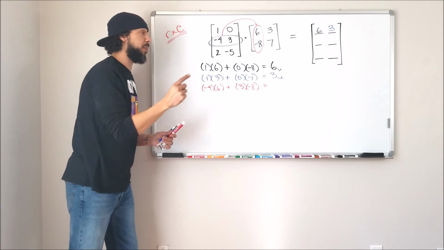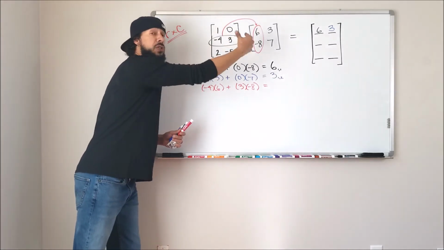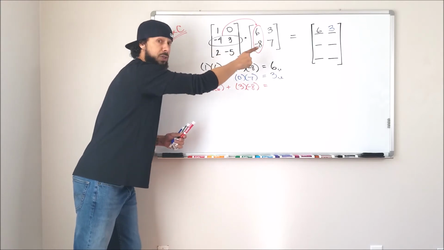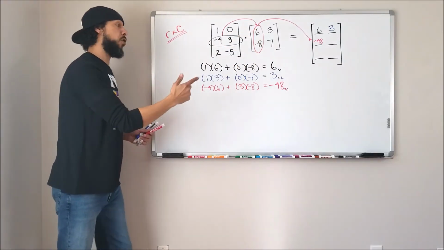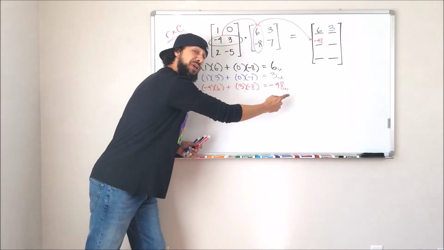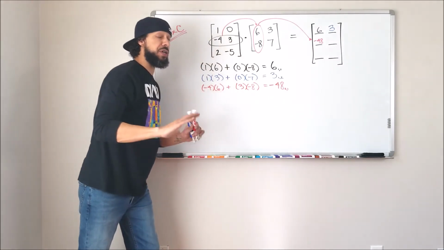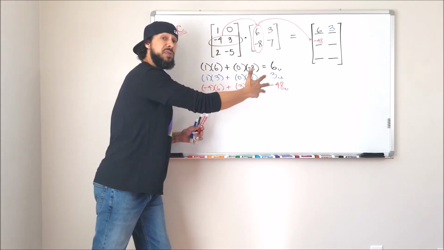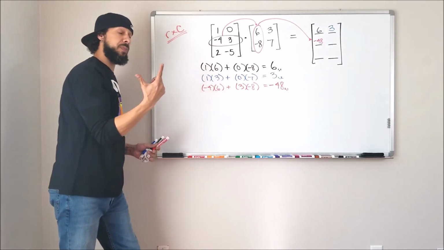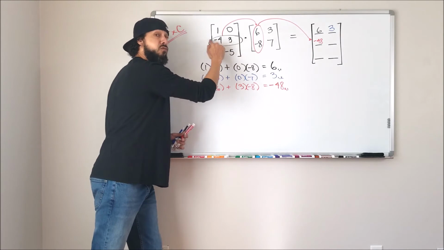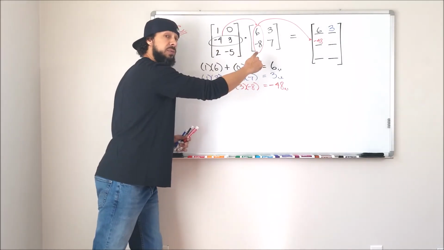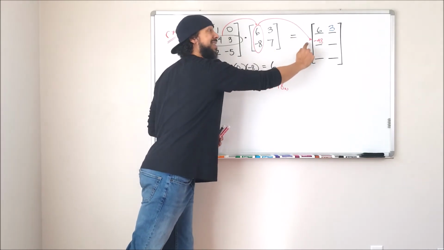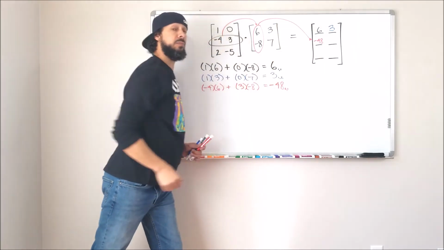Since I multiplied the second row times the first column, my answer is going to go in the second row, first column. You normally won't see this locator in your answers or questions, but just for purposes of learning here, the answer goes in the second row, first column.